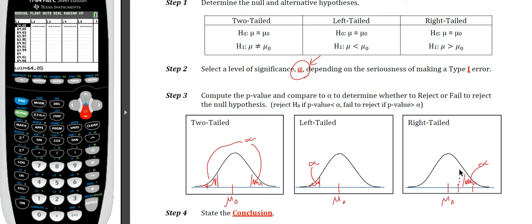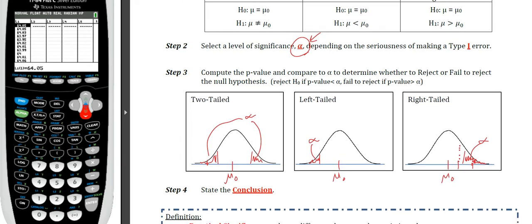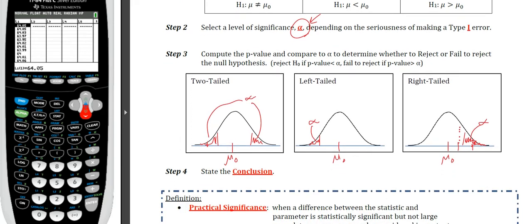Either way, the area beyond it will correspond to the p-value. So that is why we check to see if the p-value is less than alpha. If it is less than alpha, then we will still reject the null hypothesis. If it is greater than alpha, that means we fail to reject. So our conclusions will stay the same.